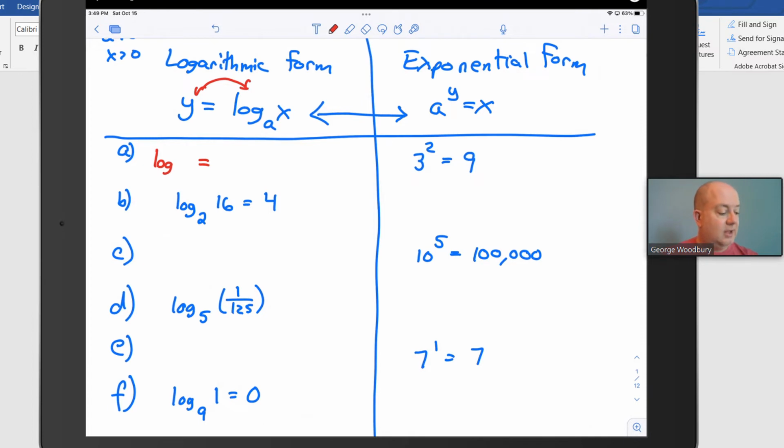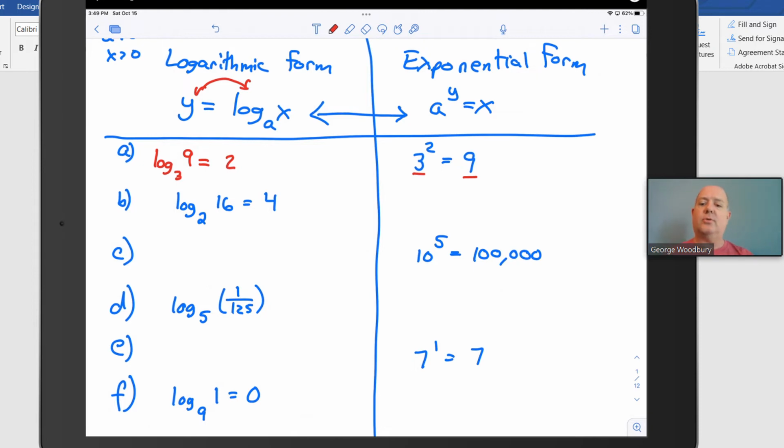The base is the base of the exponential expression. It's 3. The exponent goes on the other side. That's where the 2 goes. And the number that was on the other side, that's the argument of the logarithm. So log base 3 of 9 equals 2 is equivalent to 3 squared equals 9.